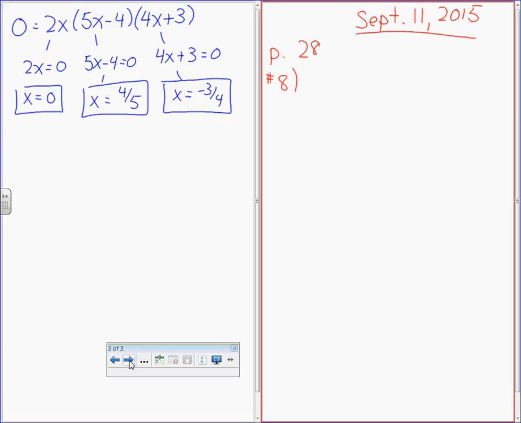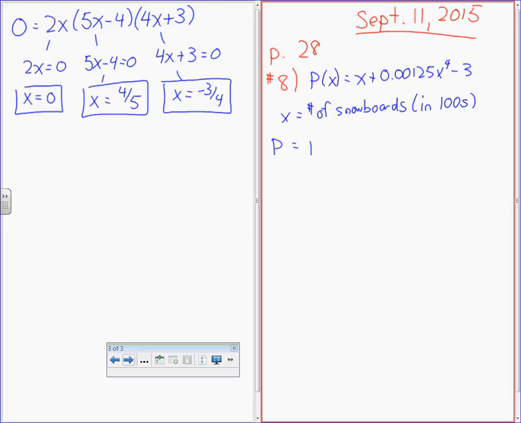It says, a snowboard manufacturer determines that the profit in thousands can be modeled by the function p of x equals x plus 0.00125 x to the fourth minus 3, where x is the number of snowboards in hundreds, and p of x is the profit in thousands.